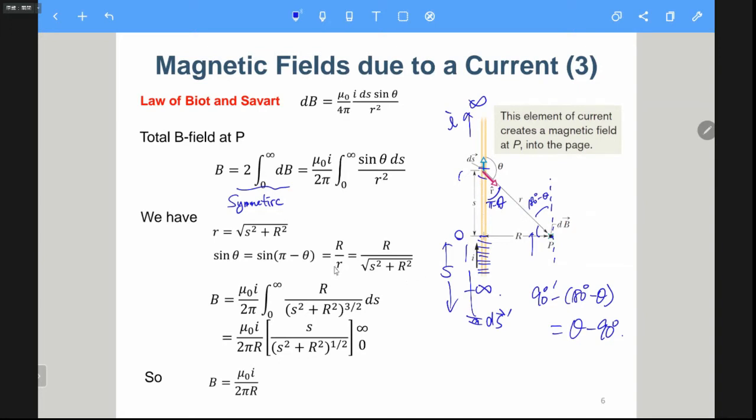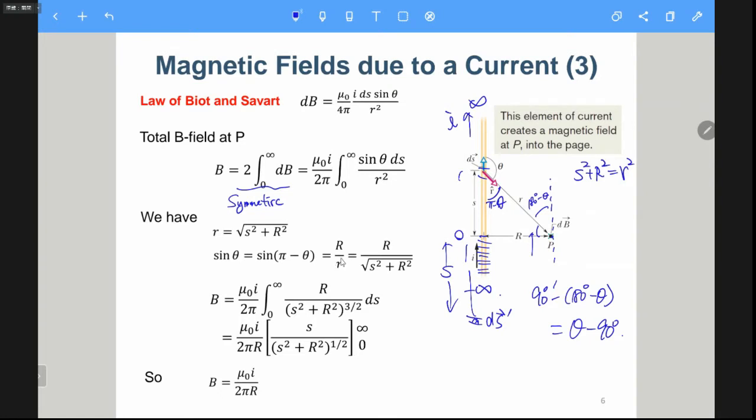Okay, so s will be, and actually we use the Pythagorean theorem. We know that s squared plus capital R squared will be small r squared. So due to the Pythagorean theorem, r equals the square root of this term. We put it here because we need to integrate over ds, for the variable s.